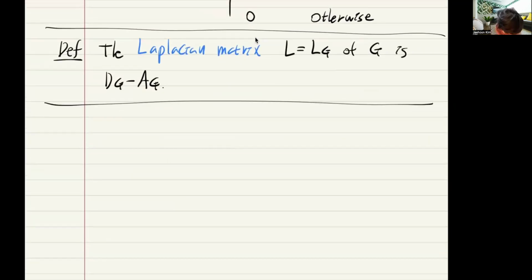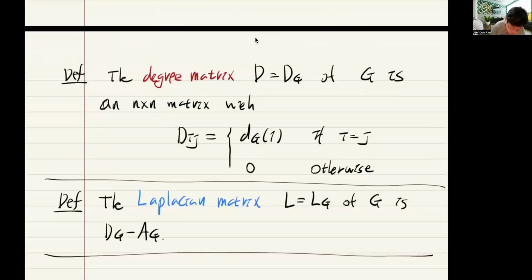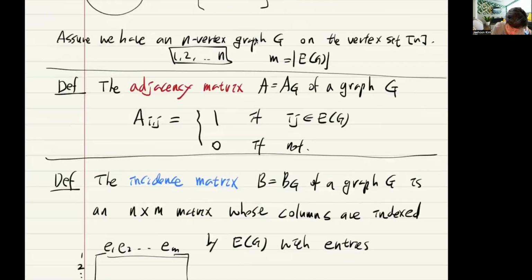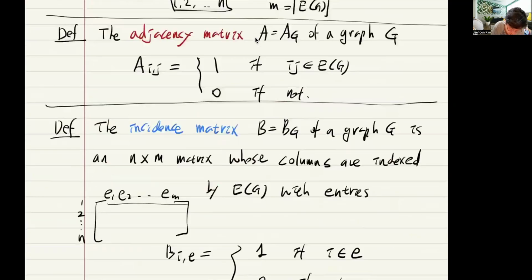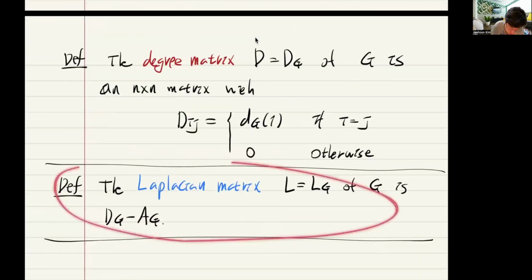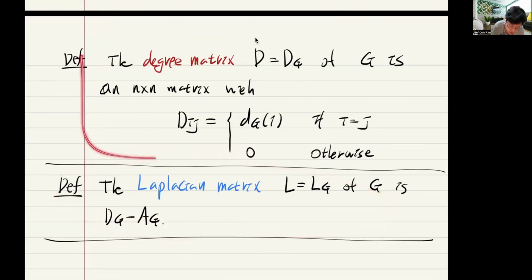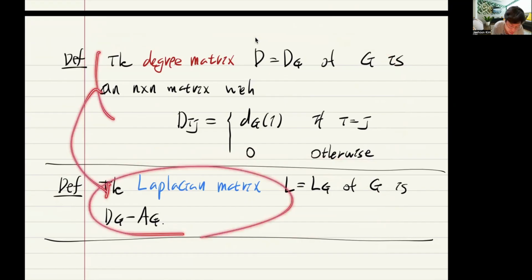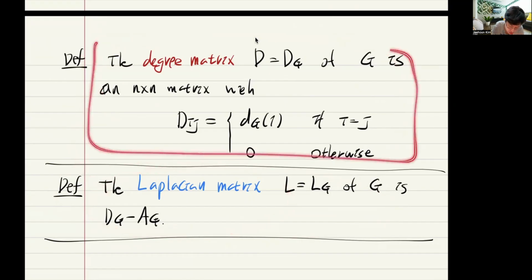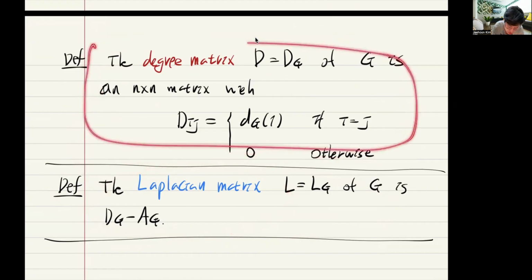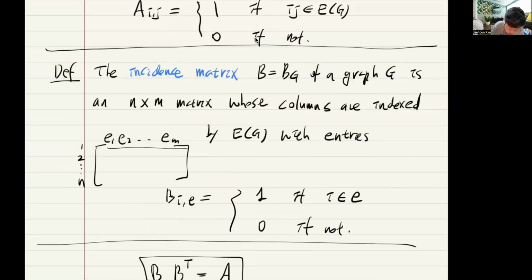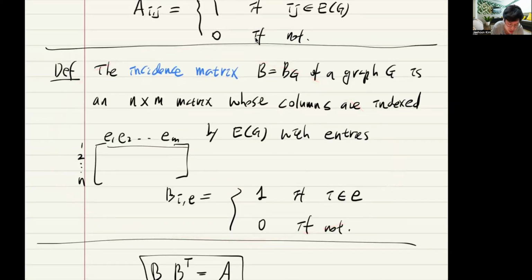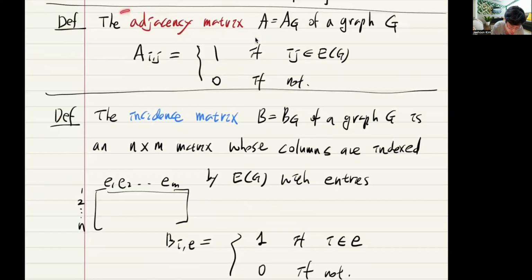Okay, so our main interest is the adjacency matrix and the Laplacian matrix. The degree matrix's main purpose is to define the Laplacian matrix, and at least in this course, we will not deal with it much. The incidence matrix also we will not deal with too much.